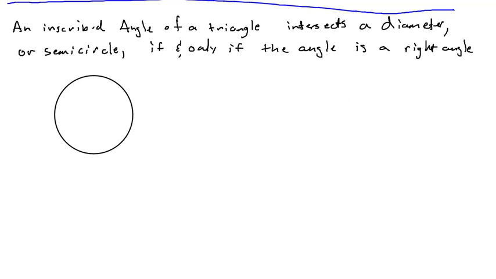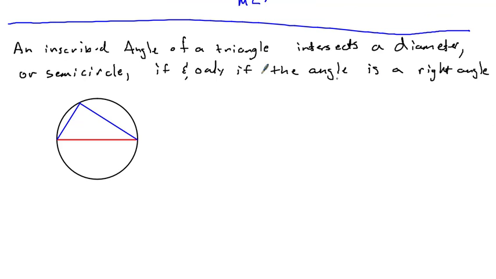So we have a circle, we have a diameter, and what we're saying is that if an inscribed angle intersects a diameter, then that angle must be a right angle.